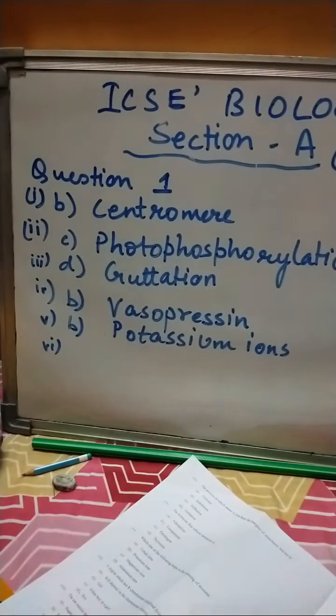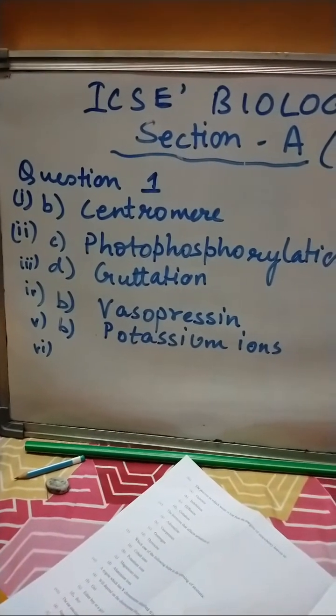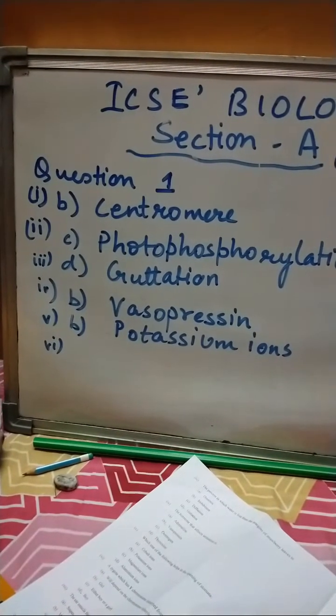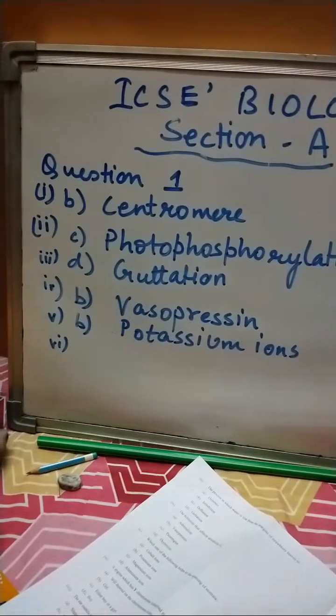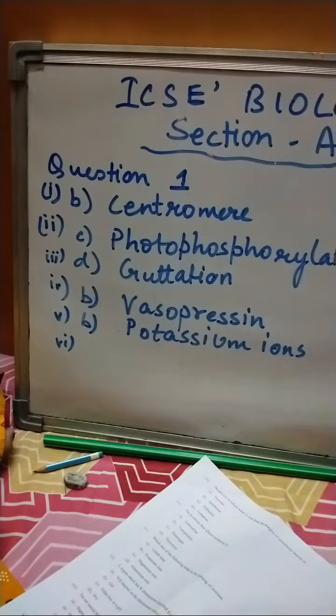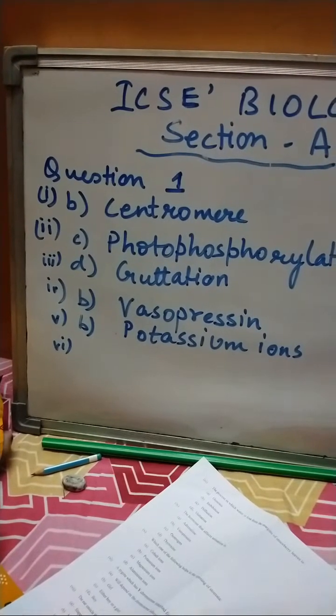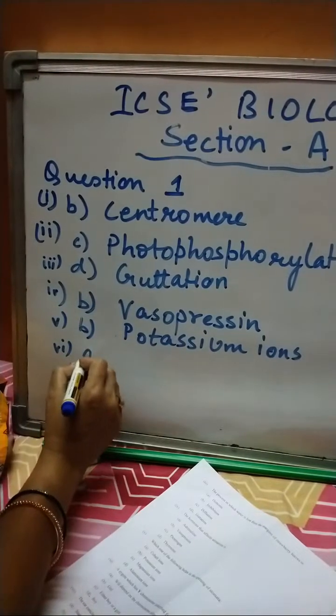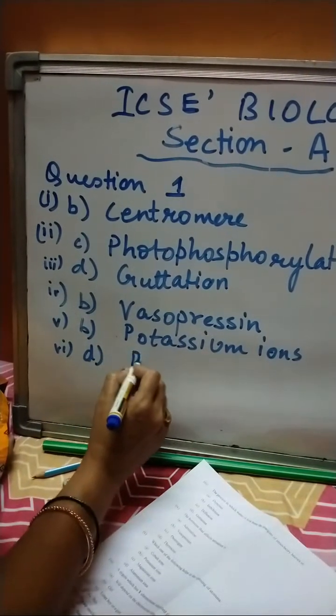A zygote which has Y chromosome inherited from the father will develop into a. Choices: A, will depend on the chromosome inherited from the mother; B, girl; C, either boy or a girl; D, boy. As it is a Y chromosome, definitely the answer is D, boy.